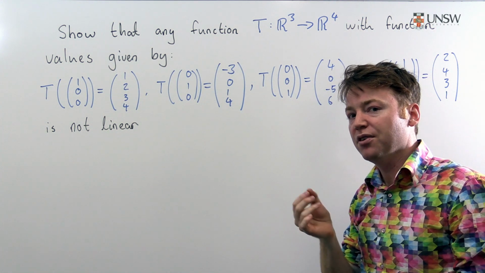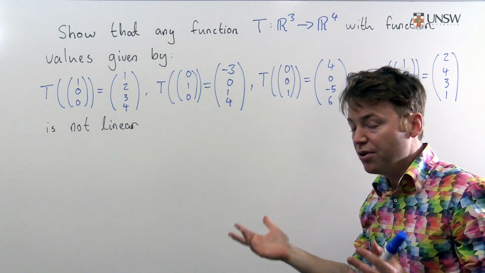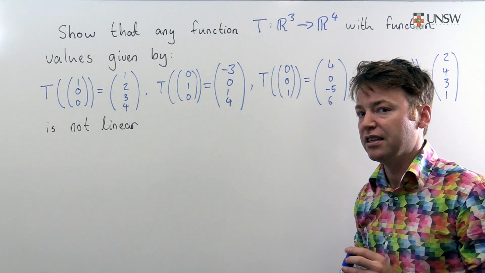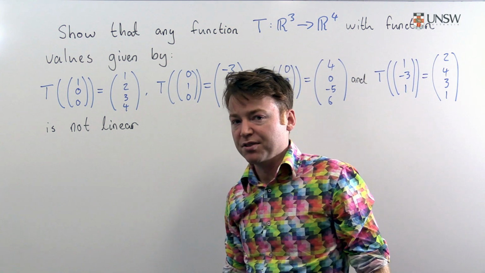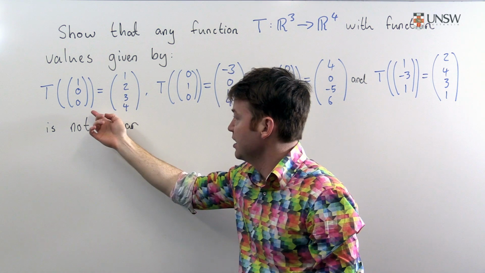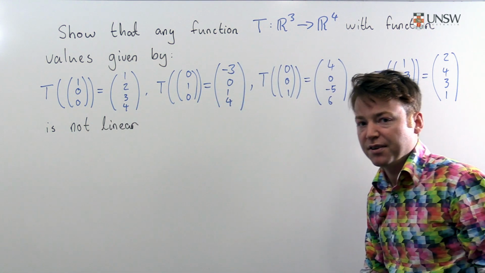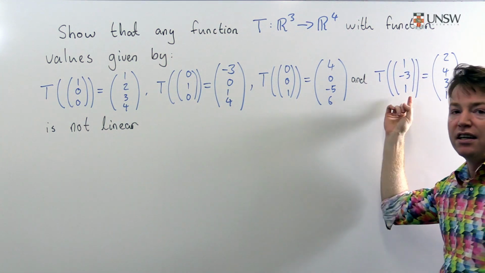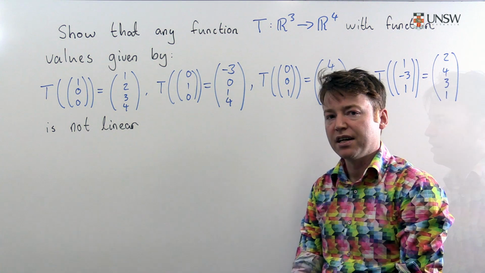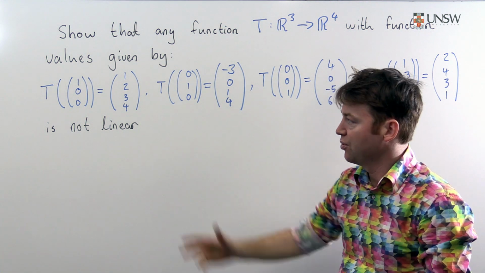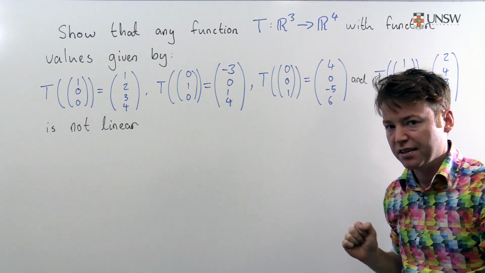This time we're not told if it's linear, so we don't know at this stage if this function T is linear. We're told, however, 4 function values instead of 3. We're told what T does again to the standard basis vectors from R3, and we're told what T does to a fourth vector. It turns out that no linear map can take all these function values simultaneously.